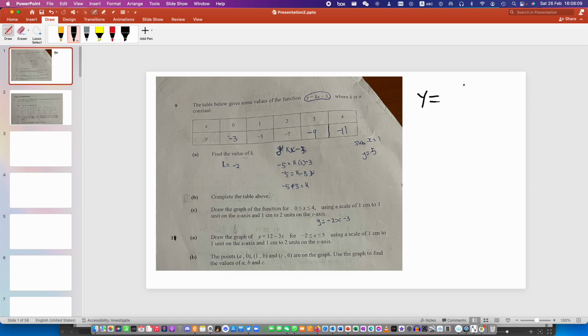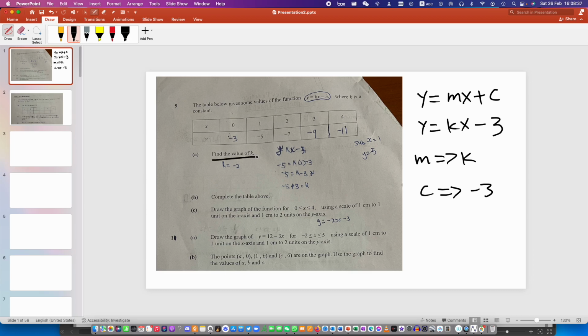I ask you what's the format. mx plus c. And then you are given y equals kx minus 3. So what is your gradient? K. Yep. What's your y-intercept? Minus 3. Very good.